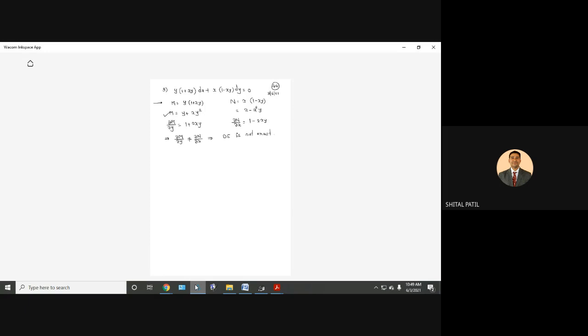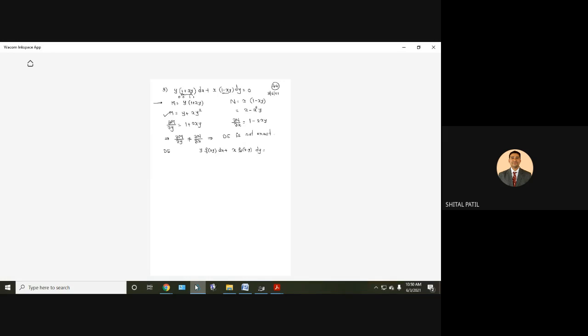Okay, so what about rule number 2? Can we use rule number 2? Is the differential equation in this form? What is required is y f(xy), that is, the degree of x and y should be the same. See, this is the term 1 + xy. What is the degree of xy in the first term? 0. What is the degree of xy in the second term? 1. Okay, so the same degree of x and y in a particular term. So it is a function of xy, and the next is also a function of xy only, f2 of xy.